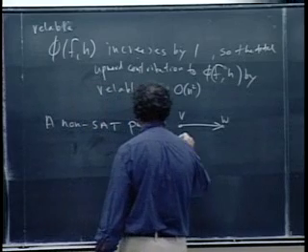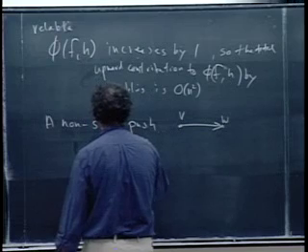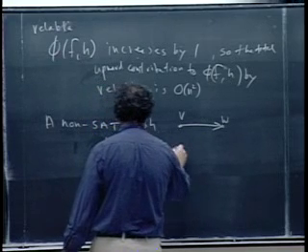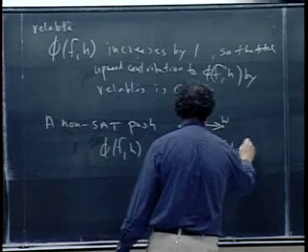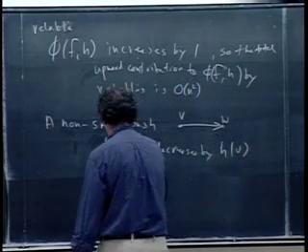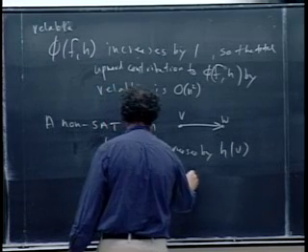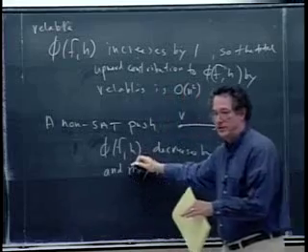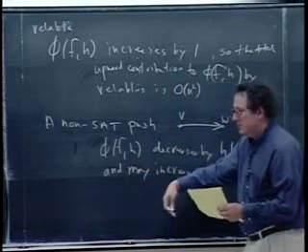Okay, so phi of f, h decreases by H of V and may increase. I'm talking about locally. You're watching this function, and during a push you see it decline.